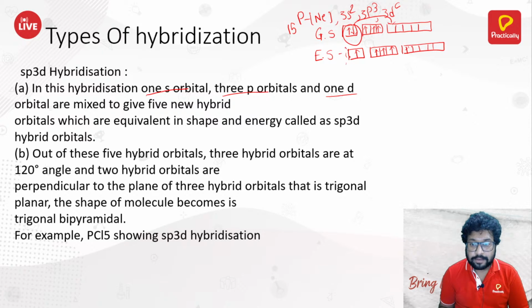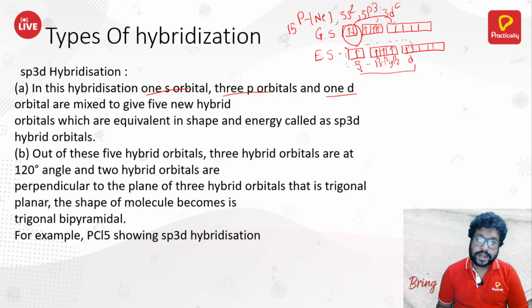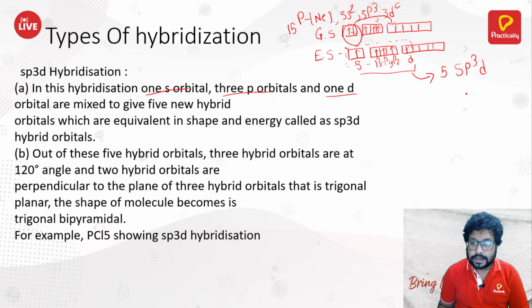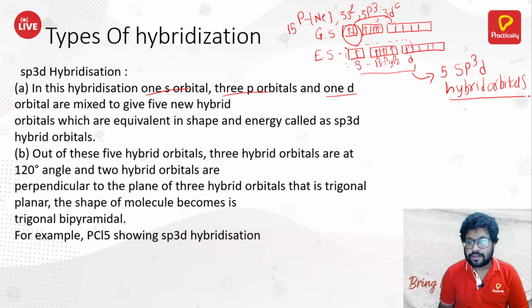Now they will mix. You have 1 s, px, py, pz, and 1 d orbital, all mixing. So 5 orbitals are mixing, because of which you get 5 sp3d hybrid orbitals.